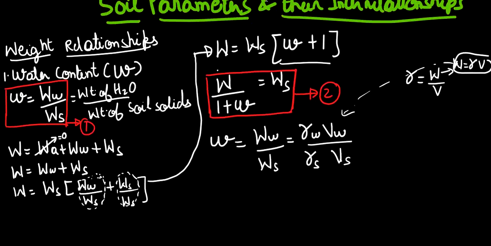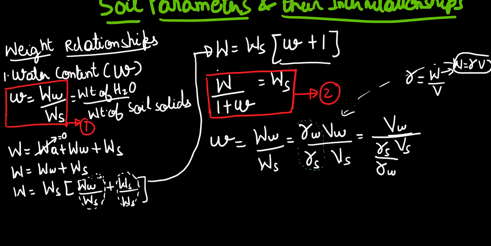This one is, I think, clear. Now if I rearrange this, I will be getting volume of water upon volume of soil solids, and I can put the numerator, gamma w, over here. That is the same thing.